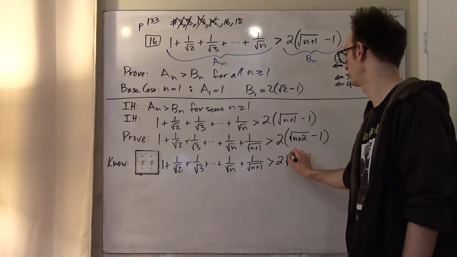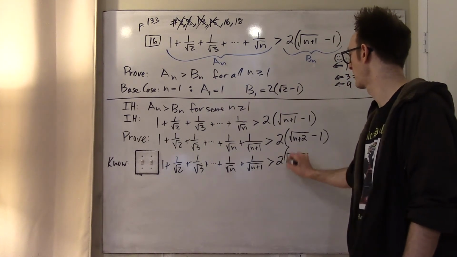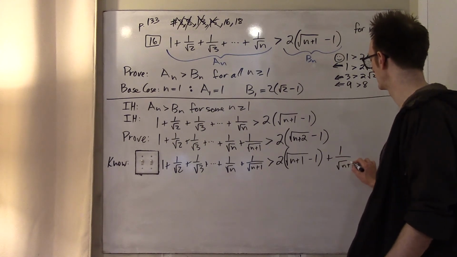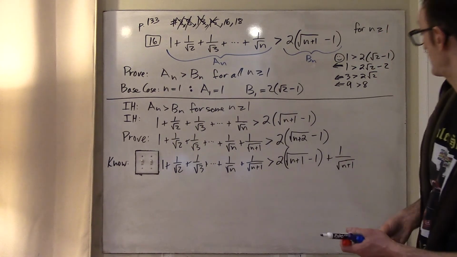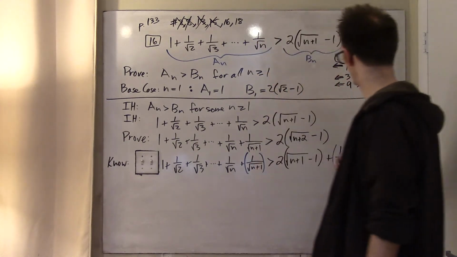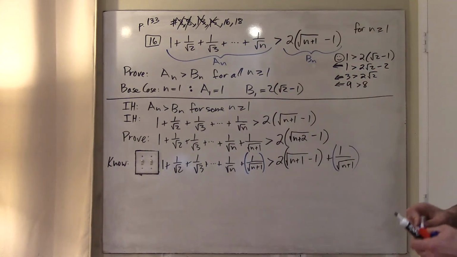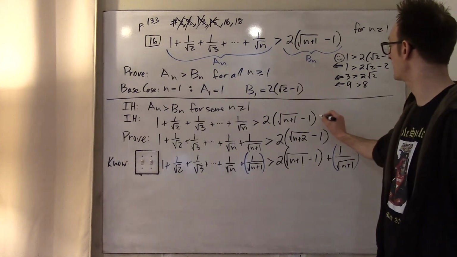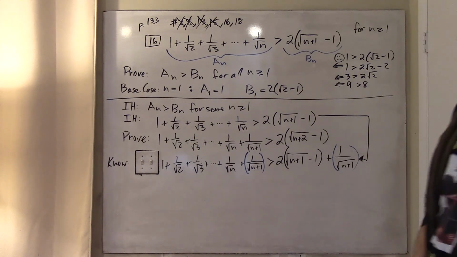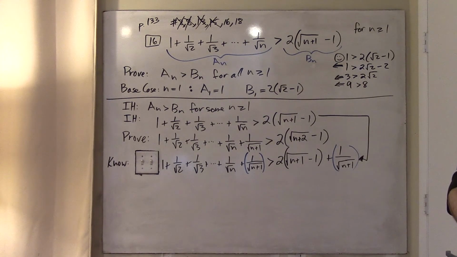So that's 2 root n plus 1 minus 1, but then plus 1 over root n plus 1. Just to be clear, I'm going to throw in these blue parentheses here. Where did this line come from? It came directly from my inductive hypothesis by performing a little algebra 1 maneuver.